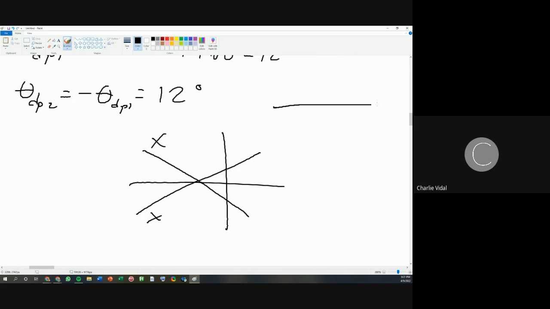So this is your line, right? This is 0 degrees, and this would be like -12 degrees. It'd probably be smaller than that, but we'll just say that this is -12 degrees. So this line is going to leave somewhere like this, and this line is going to leave somewhere like this, and we know that it's going to curve somewhere over here, right?